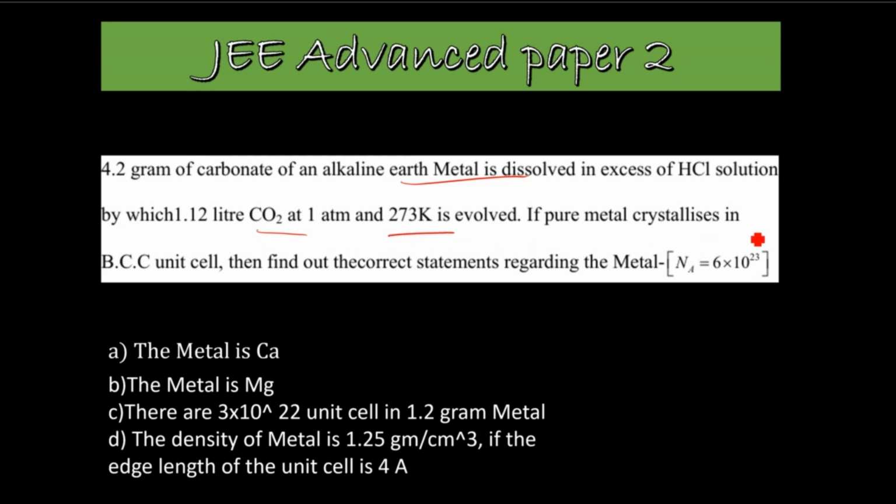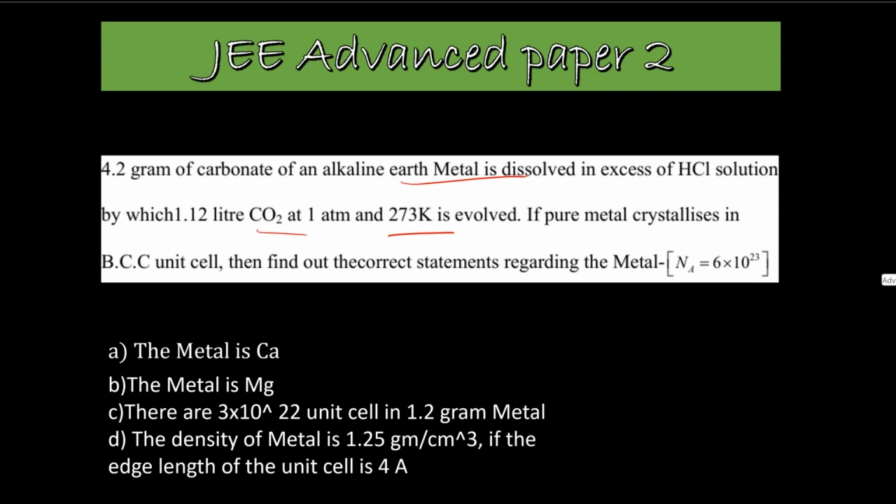If the pure metal crystallizes in BCC unit cells, find out the correct statement regarding the metal. The metal is calcium, the metal is magnesium. There are 3 into 10 to the power 23 unit cells. Density of the metal is 1.22 gram per centimeter cube if the edge length of the unit cell is 4 Armstrong. Okay, so let's check out.